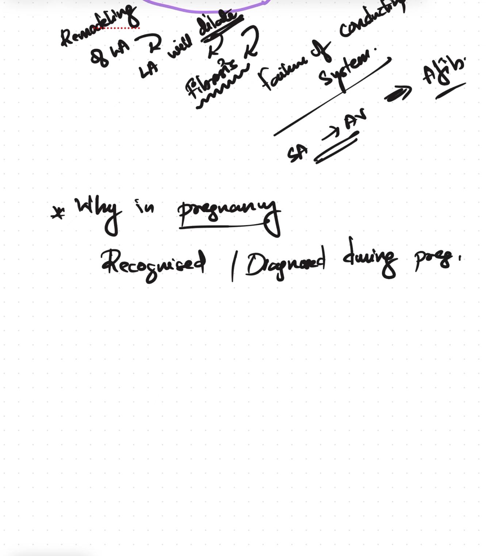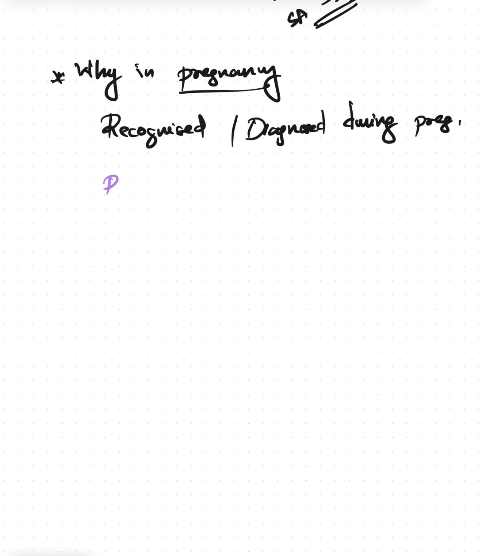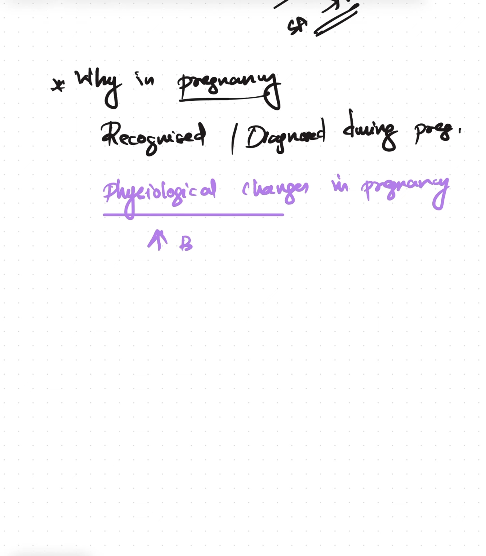Because if you remember, there are some physiological changes in pregnancy. Remember, it's physiological, not pathological. So physiological changes in pregnancy include increased blood volume.